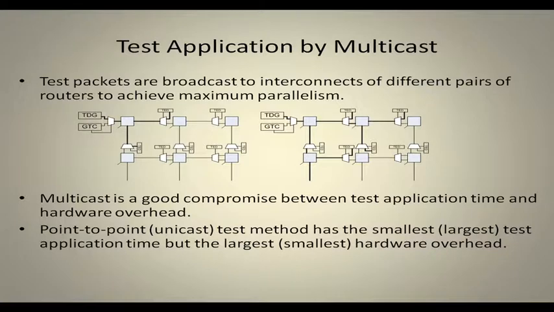On the other hand, we have this multicast based approach, which is going to have faster test time, and the overhead is also reasonably low. And the other option that we have seen, the unicast method, has the largest test application time, but the hardware overhead is smallest, because individual routers need not have the broadcast facility.